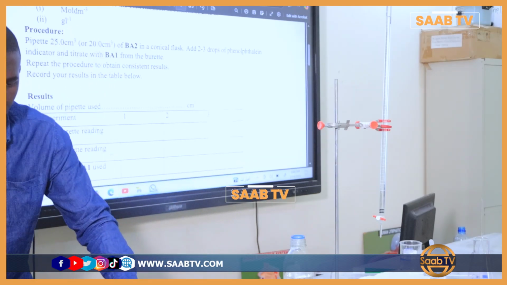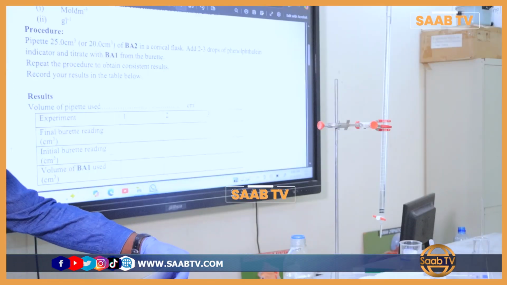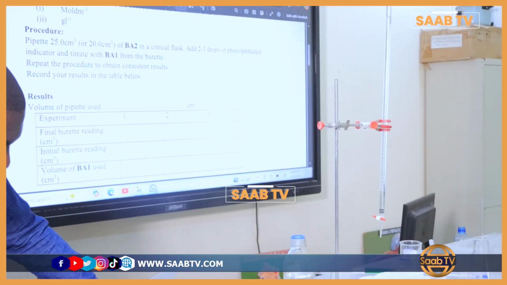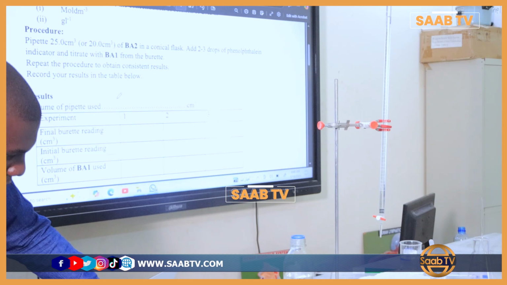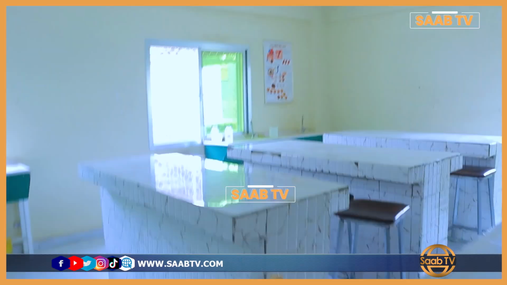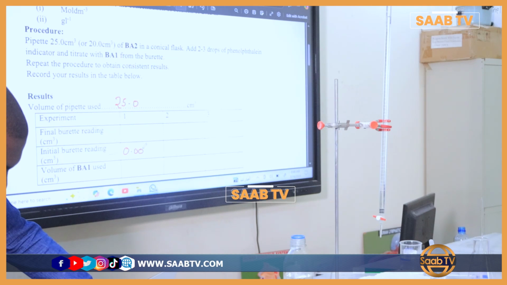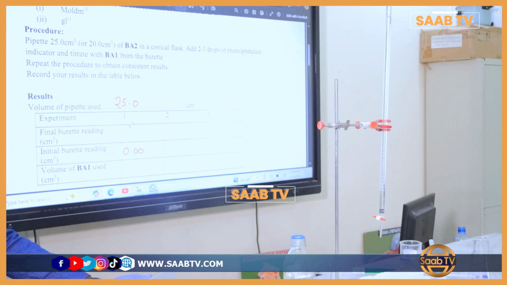What is the volume of the pipette we are using in this case? 25, very good. So we record the volume of the pipette used, which is 25.0 cubic centimeter. Then what is the initial reading? 0.00. So we need to understand that these readings of the burette must be to 2 decimal places.